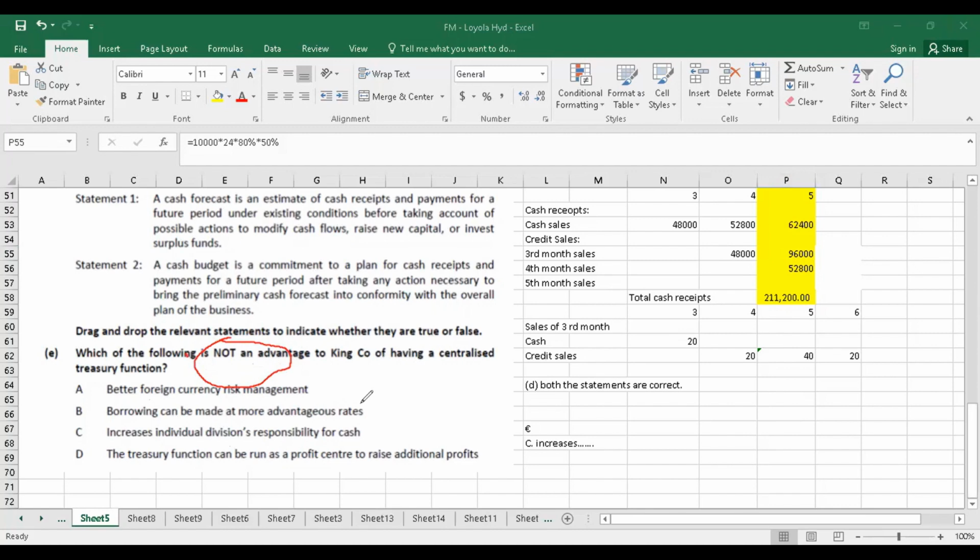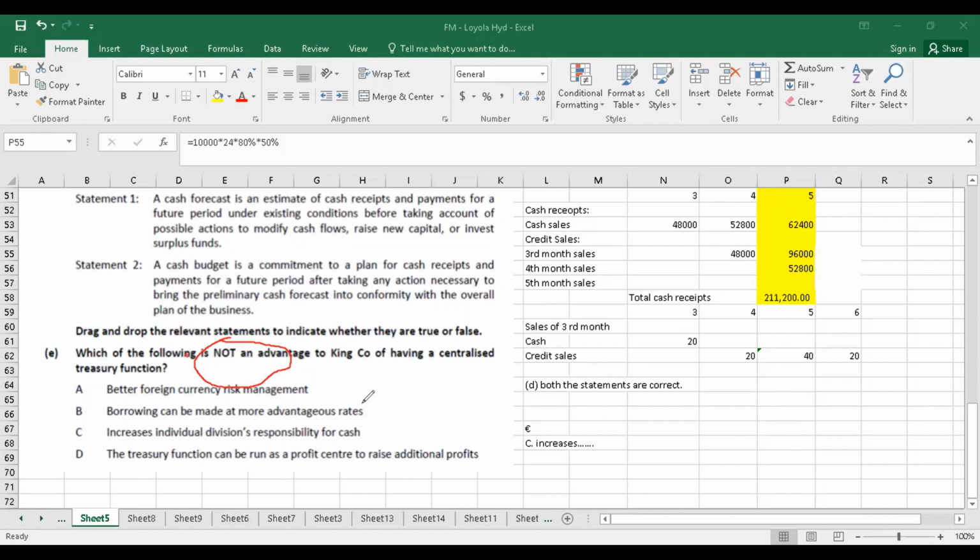Borrowing can be made at more advantageous rates. Right time they can borrow. Something can be done with that. Increases individual divisions' responsibility for cash. Third one, treasury function can be run as a profit center to raise.